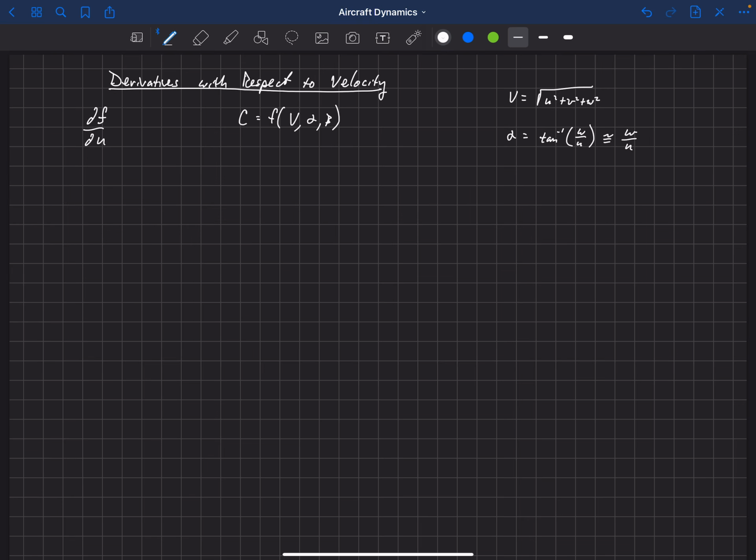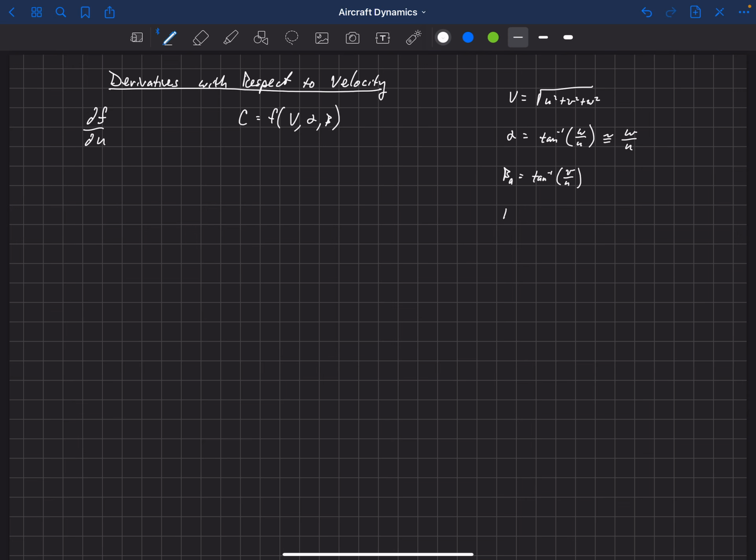Okay, now beta has two different definitions. So there's an aerodynamic version, or this is sometimes called the flank angle. But anyway, this is defined as tangent minus 1 of little v over u.